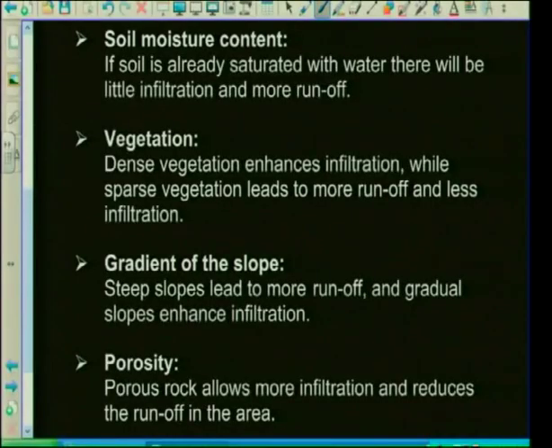Secondly, we are going to look at our soil moisture content. When we speak about soil moisture content, we are literally looking at how much liquid is found within the soil. So it says on the slide, if the soil is already saturated, saturated means that that soil has got too much water in it, that no more water can be absorbed into that soil.